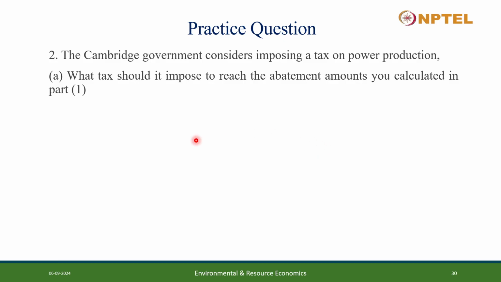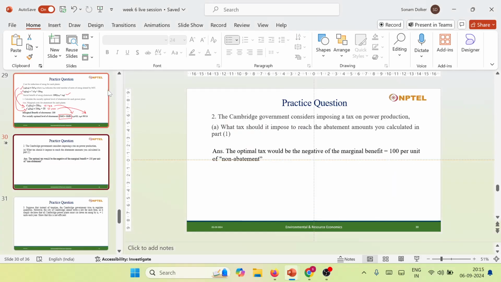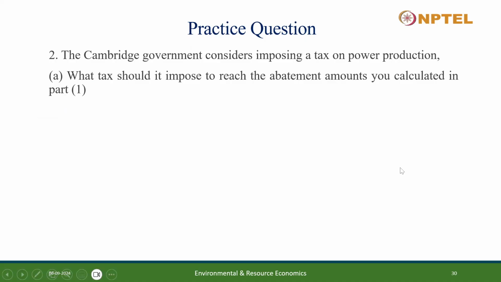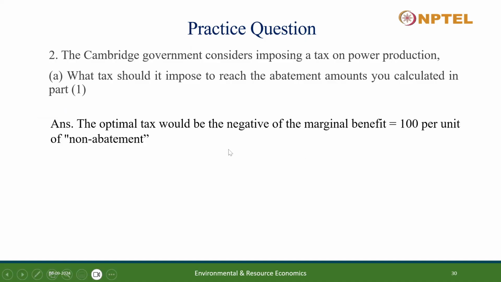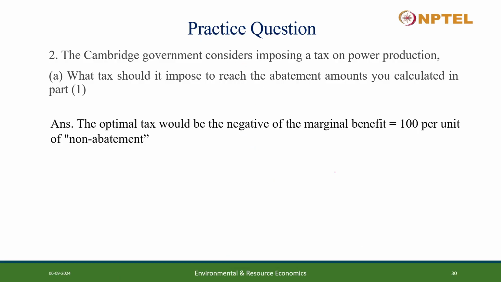So for each unit not abated by the firm, 100 rupees, sorry, $100 or 100 rupees per unit of non-abatement needs to be imposed. I hope that this is clear. If you have any question, then you can ask me.